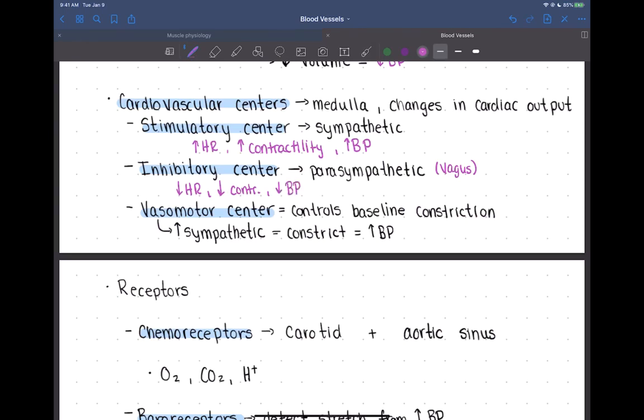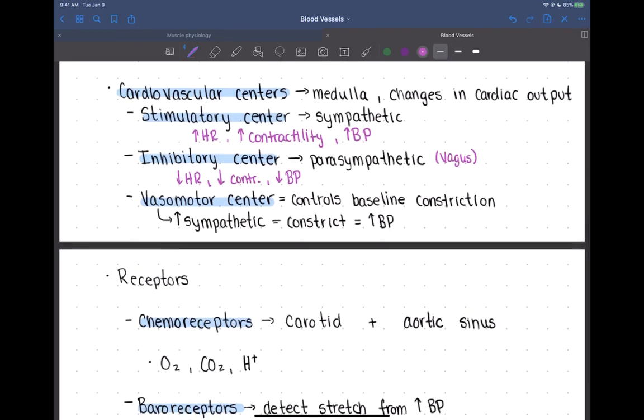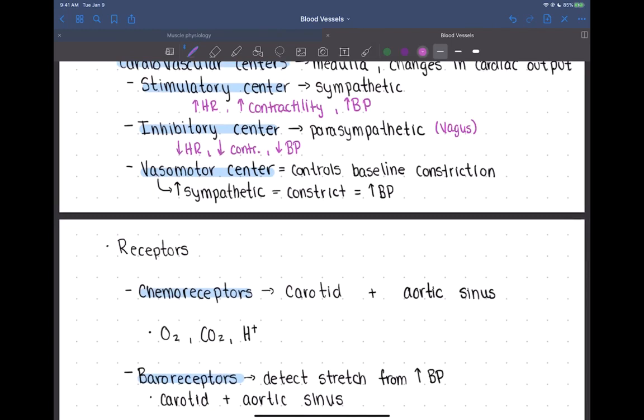So these two systems are going to be working in opposition to each other, all right? And then also in that cardiovascular center, there is a vasomotor center, okay? And so this vasomotor center is going to control, right? Vaso meaning blood vessel, motor referring to the smooth muscle in that wall. So it's going to control how constricted or relaxed that vessel is, okay?